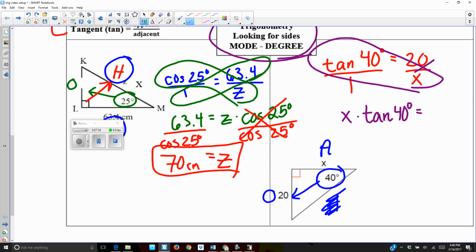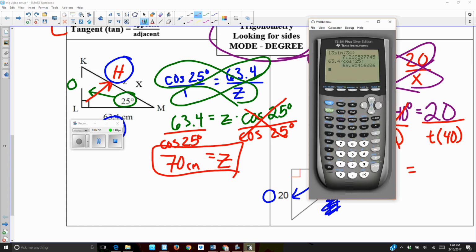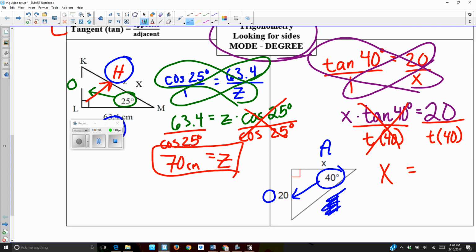The other cross product is just 20. And divide both sides by the tangent of 40 degrees, using the abbreviation t here to make it a little bit quicker. So it's about 23.8 if we round that to the nearest tenth.